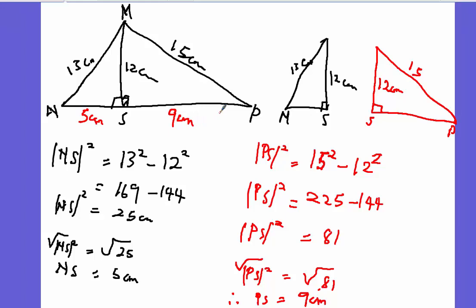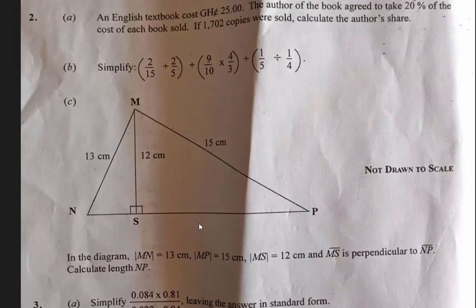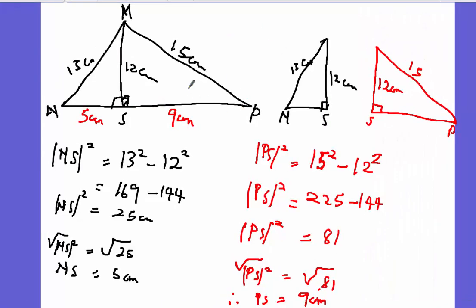Right. So according to our question, we are looking for the length of NP. I remember we got NS as 5 centimeters and SP as 9 centimeters. Therefore, we have to add the two. That is NP.